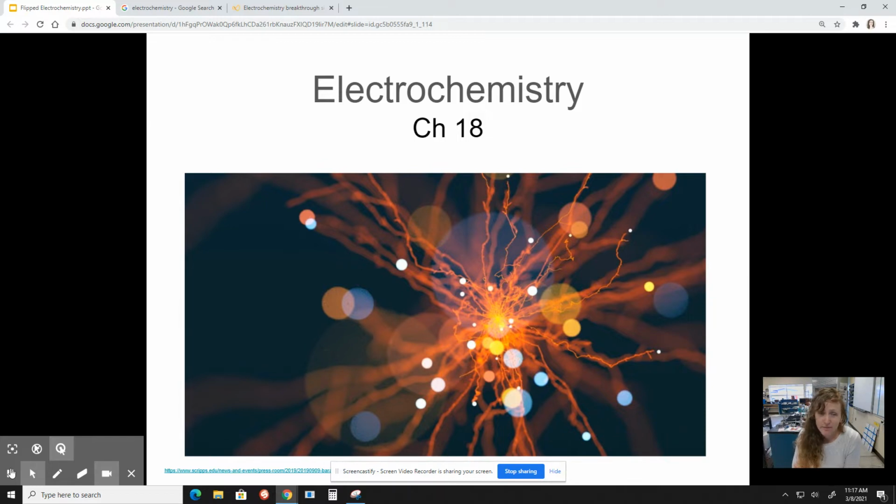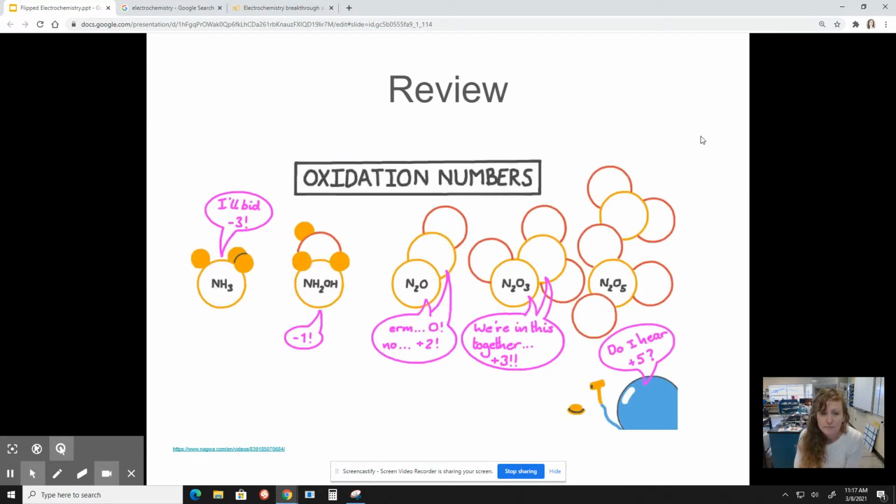It's all about redox reactions. So as we go into this chapter, the first half of it is all review, and that's what I want to talk about today. I want to talk about reviewing all the things that we talked about with respect to redox reactions in Chapter 4.